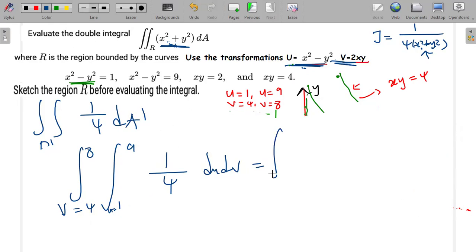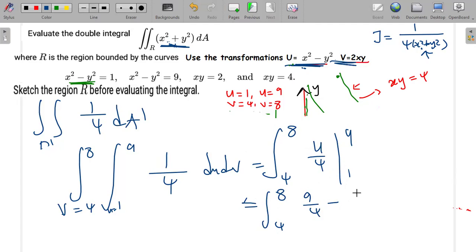It will be 4 to 8, and then U over 4, and I put 9, 1. So that would be the integral from 4 to 8 of 9 over 4 minus 1 over 4 dv. Here I forgot to put a dv.